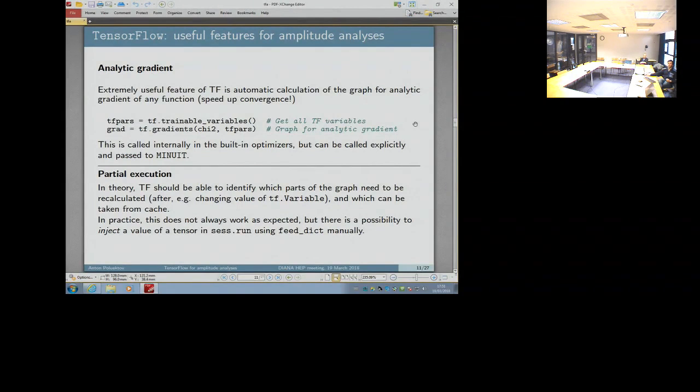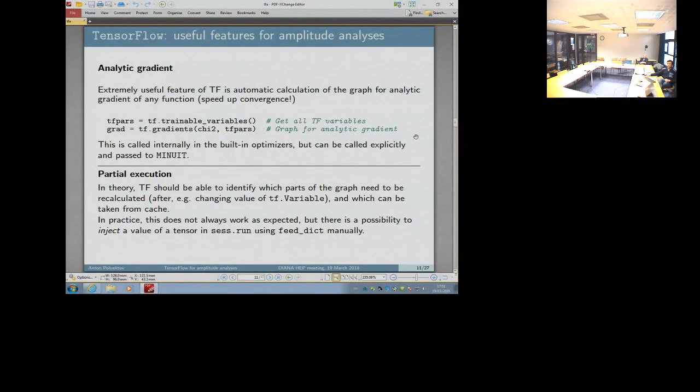And fortunately, Minuit can actually use this analytically calculated gradient in order to run minimization. In TensorFlow, this is done automatically and in a very simple way, right? So you have some tree, and for chi-squared, for instance, this line basically tells you to calculate the gradient of this function chi-squared with respect to some number of optimizable parameters.